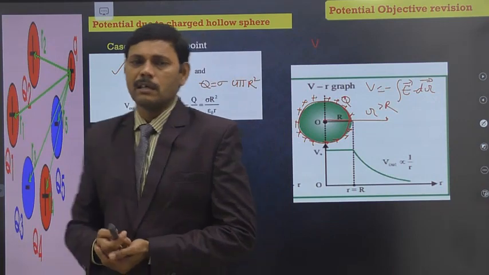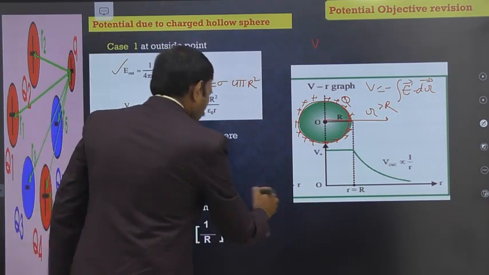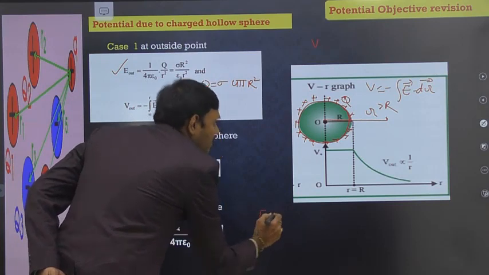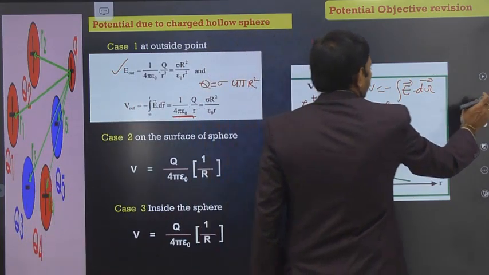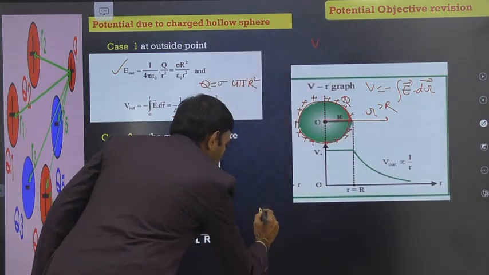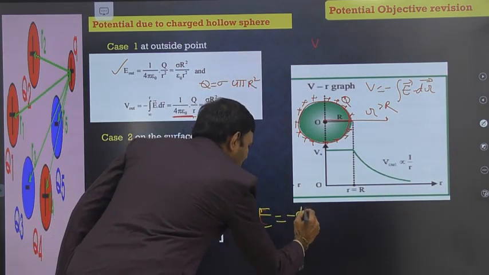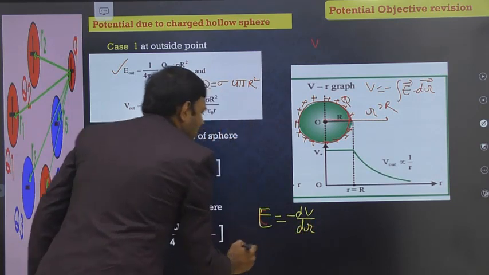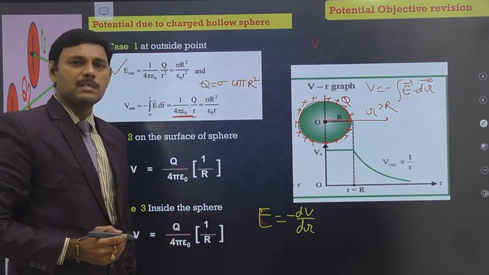Next comes to inside. When it comes to inside, we know that E is equal to minus dV by dr. The known thing is, electric field inside the hollow sphere is 0.